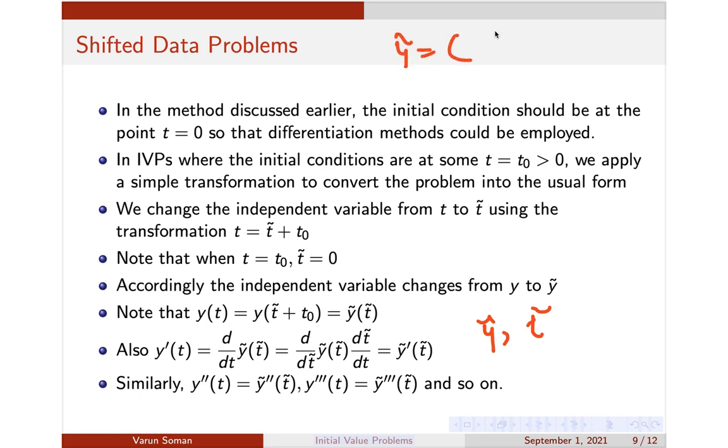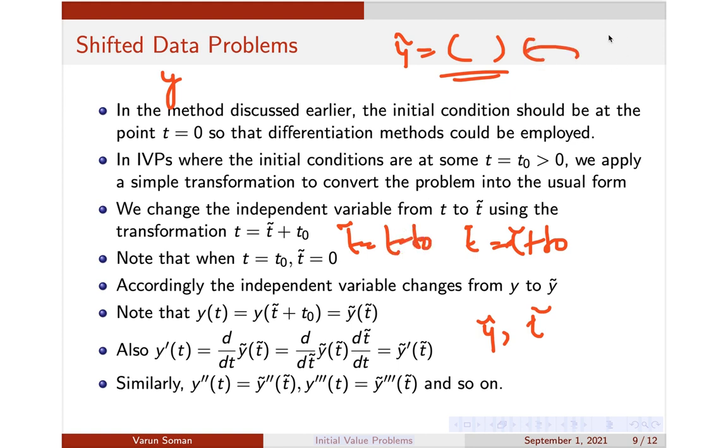Once you get y tilde in terms of t tilde, the original function y is obtained by putting the value of t. You know t is equal to t tilde plus t naught, so t tilde is actually t minus t naught.